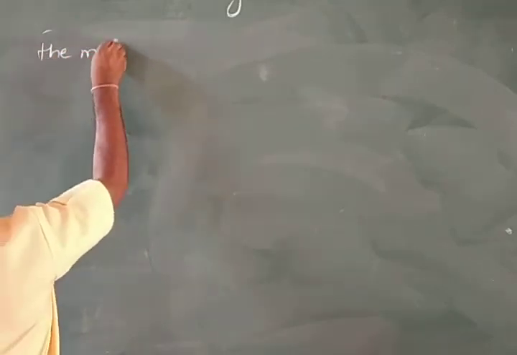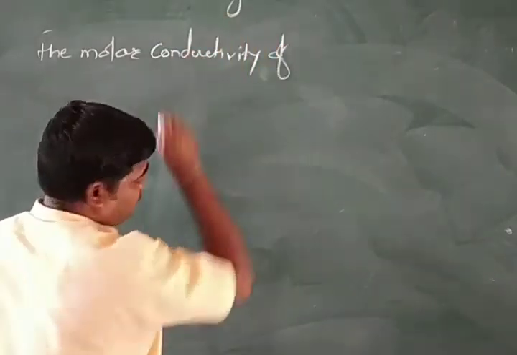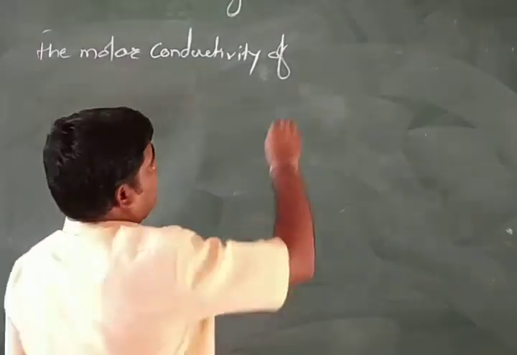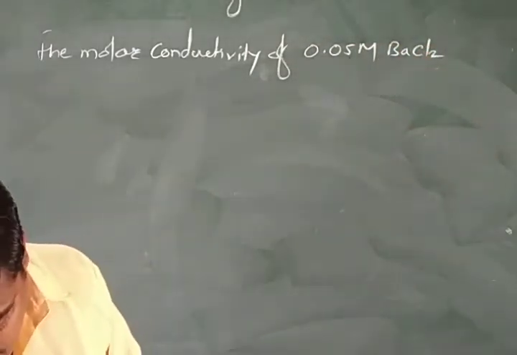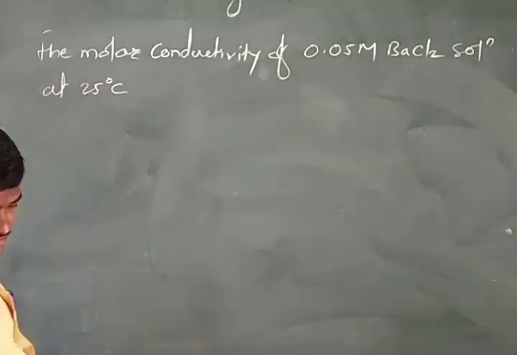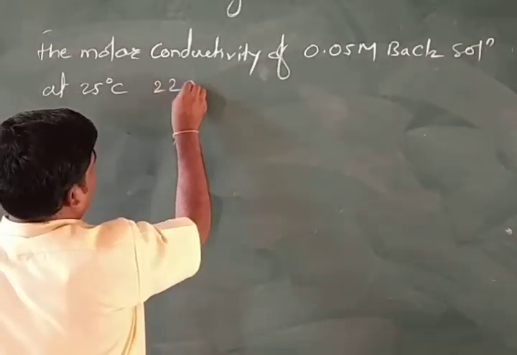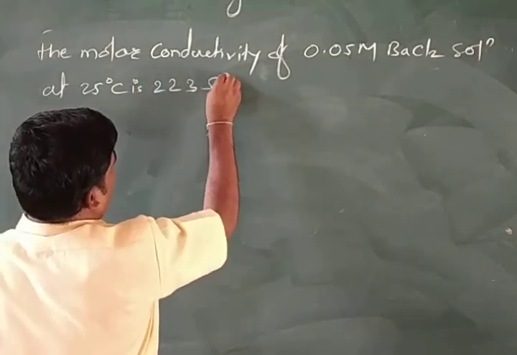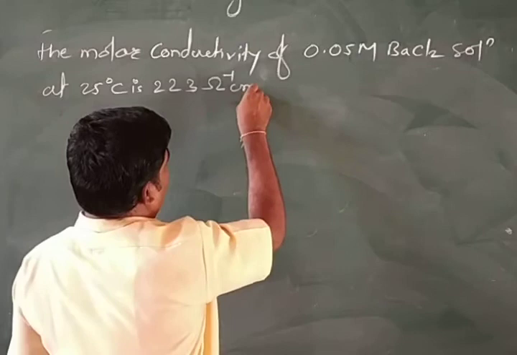Now the question asked in your examination will be like this: the molar conductivity of 0.05 molar BaCl2 solution at 25 degrees Celsius is 223 ohm inverse centimeter square mole raised to -1.